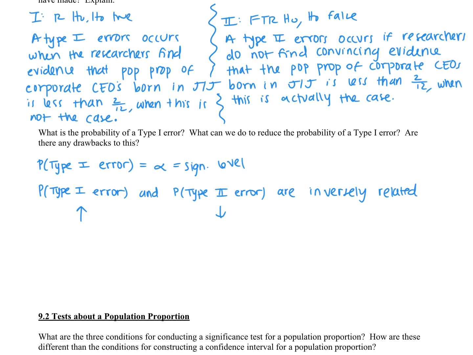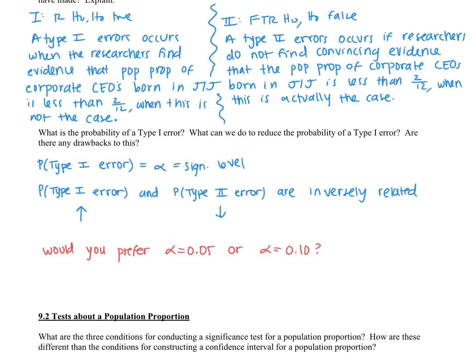Here's why that matters. A lot of times with these error questions, you'll be asked something like, would you prefer a test where alpha is 0.05 or where alpha is 0.1? And a lot of times people will say, well, I'm just going to choose the smaller one, right?